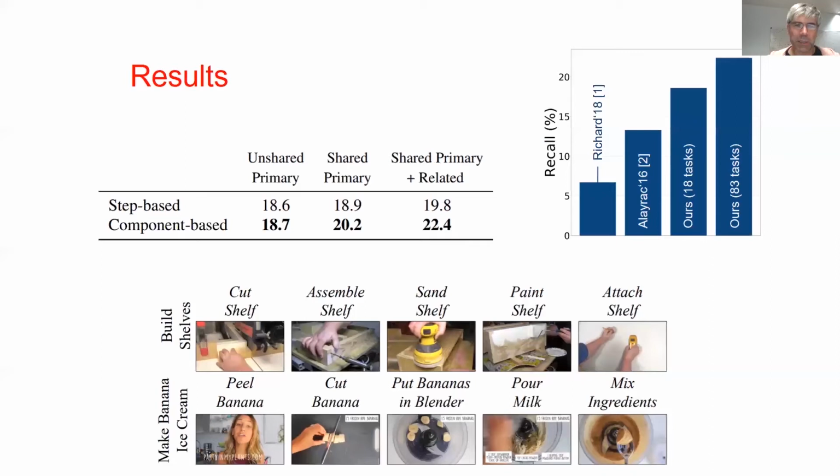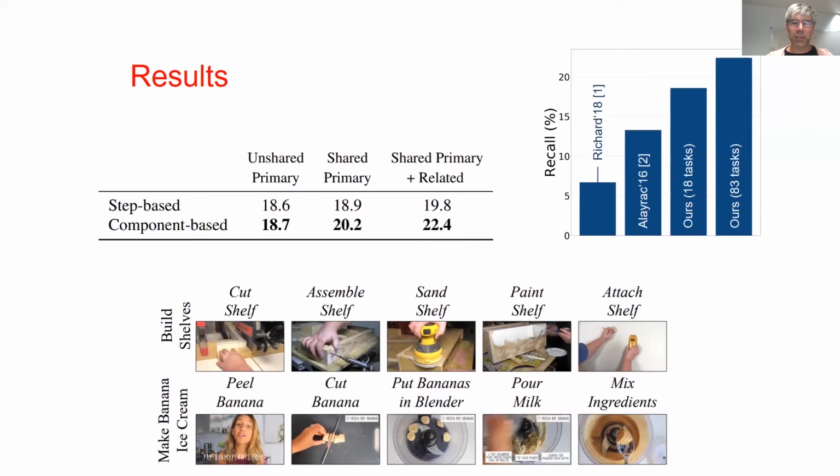So let's jump to results. What we see in this table, we see a few different things. The first column is unshared primaries. Primary means that we just train on the 18 primary tasks, and unshared means basically we do the same as in the previous verification process.